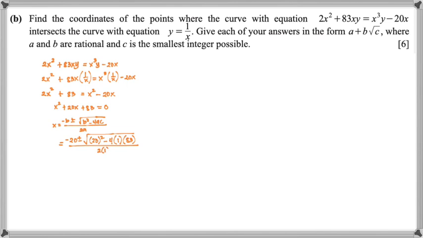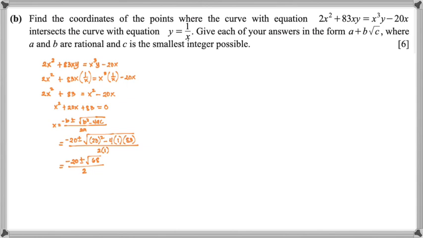And the discriminant, 20 squared minus 4 times 1 times 83, will give us 68, over 2.